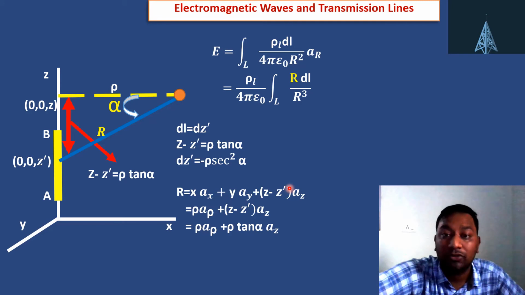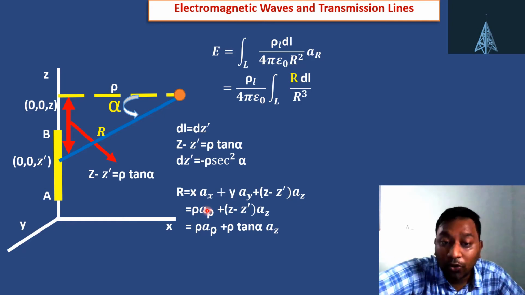We can represent this r vector, converting x plus y from the Cartesian coordinate system to the cylindrical coordinate system, where this part becomes rho arrow, in rho phi z. So instead of x plus y we can use rho arrow, and z minus z dash into az.